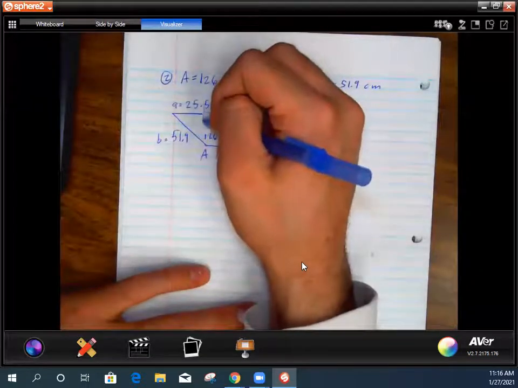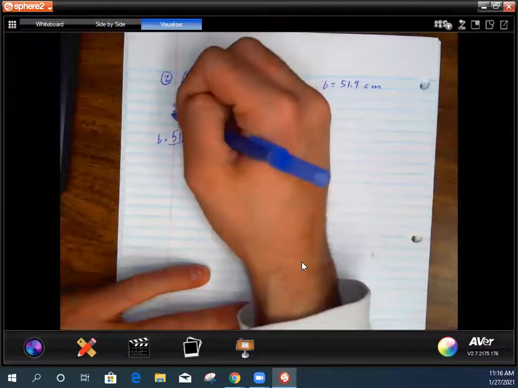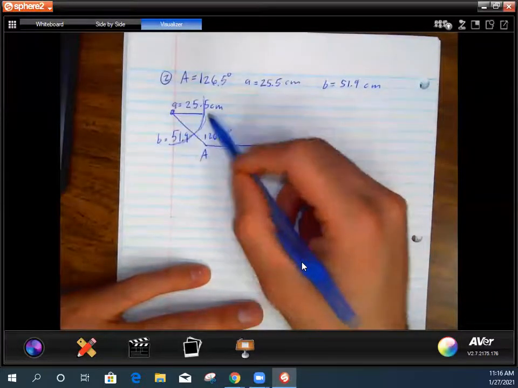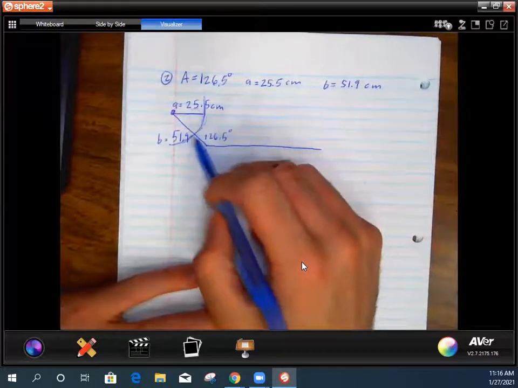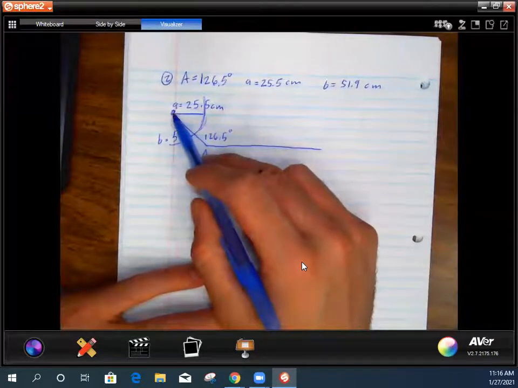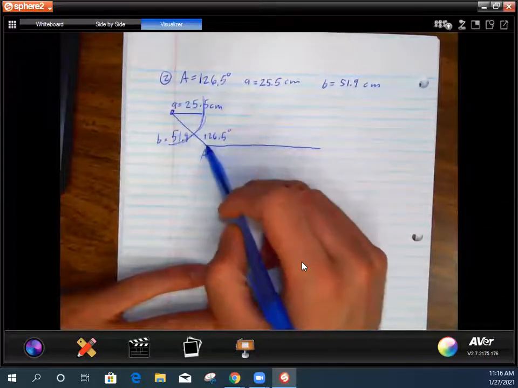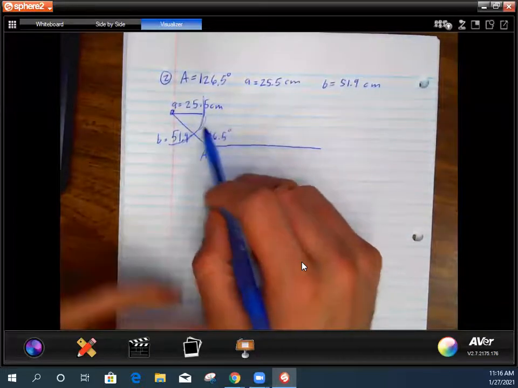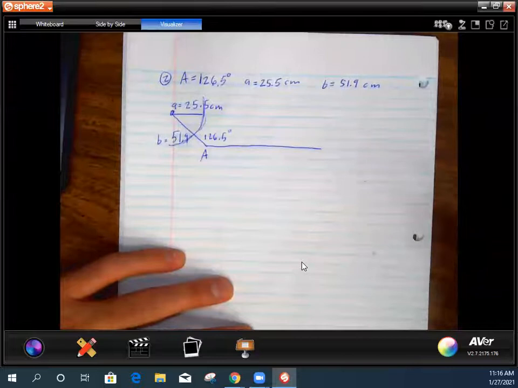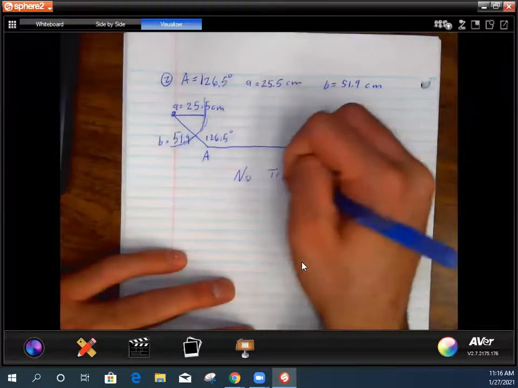So if you were to try to rotate it around this point here to try to reach this side, it wouldn't, because the shortest distance from this point to this side would be 51.9, on a straight line. So this side has to be bigger than 51.9 in order to reach and make one obtuse triangle. But it's not, so number 2 would be no triangles.